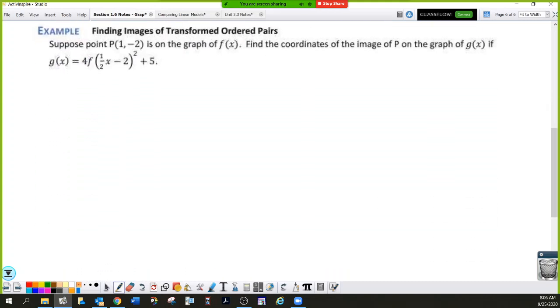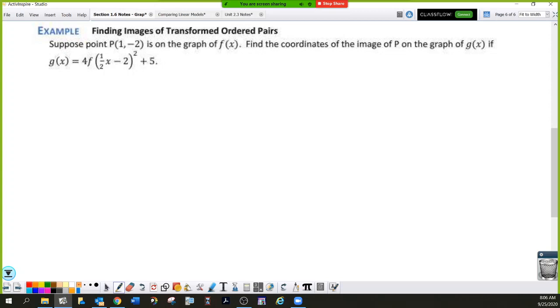So remember a minute ago when I said that I don't do spatial mathematics? I don't. It's not a lie. I would rather look at a transformational rule and ask myself, what is it doing to the coordinates? For example, let's just assume that point P, being at (1, -2), is on my graph.